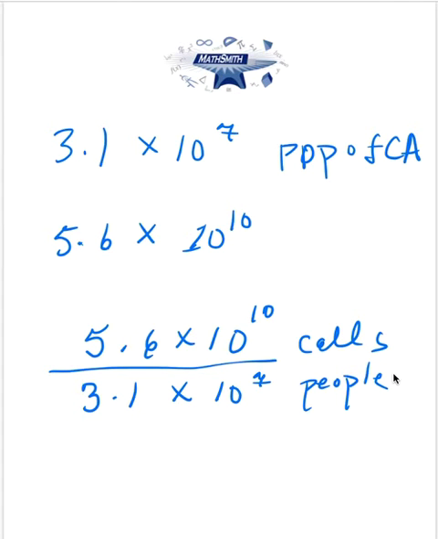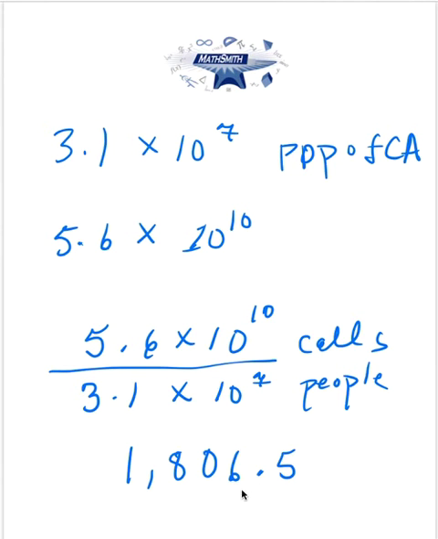You can go ahead and use your scientific notation mode. So it's 5.6 second EE to the 10th power divided by 3.1 second EE to the 7th power, and we get 1,806.5 calls.